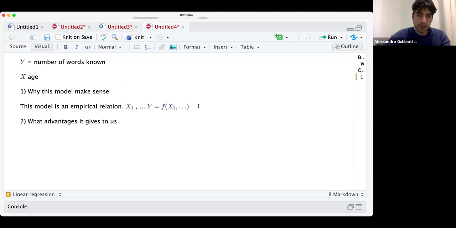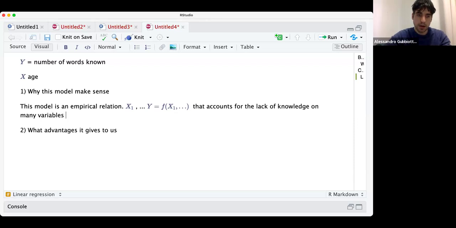This model is an empirical relation that accounts for the lack of knowledge on all the variables, on many variables.